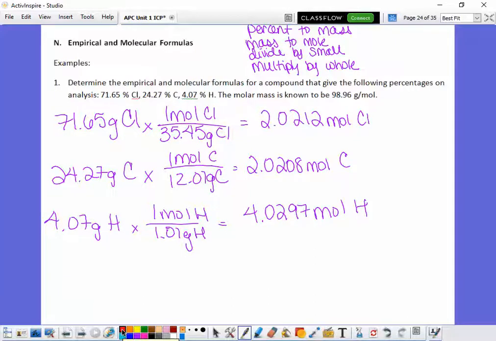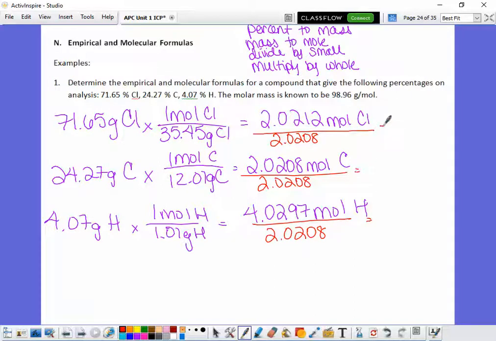So now, what are we going to do? Divide by the smallest number of moles. Which one has the smallest number of moles? Carbon. So we're going to divide them all by 2.0208. Well, 2.0208 divided by 2.0208 is 1, because anything divided by itself is 1.